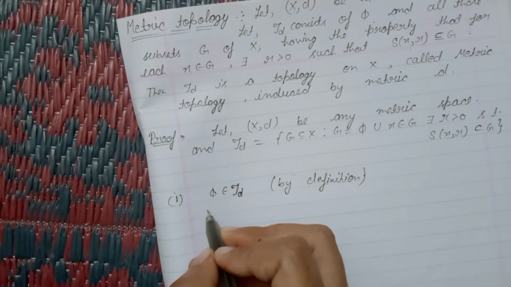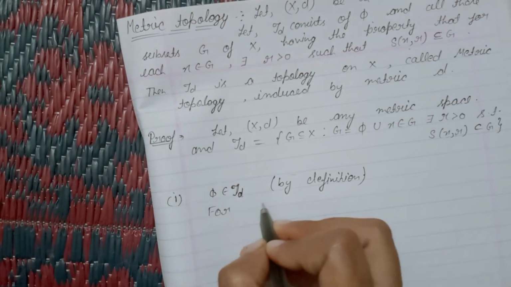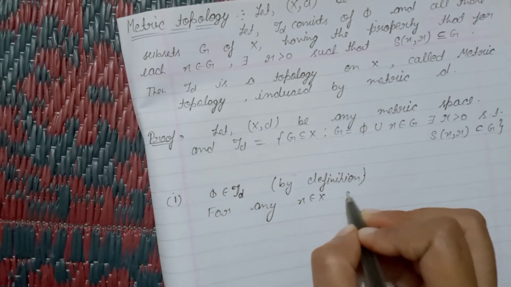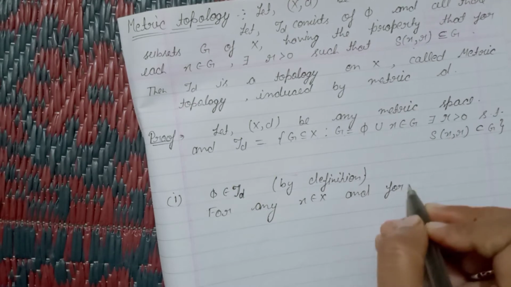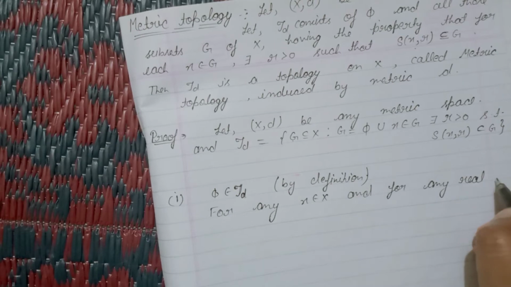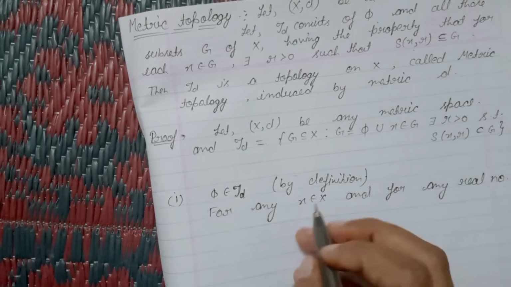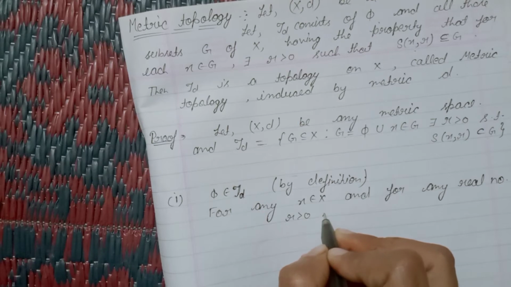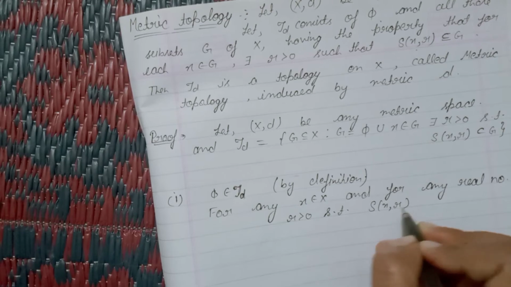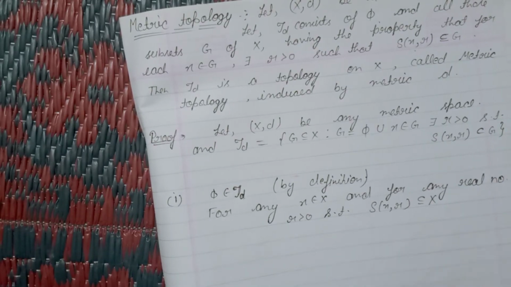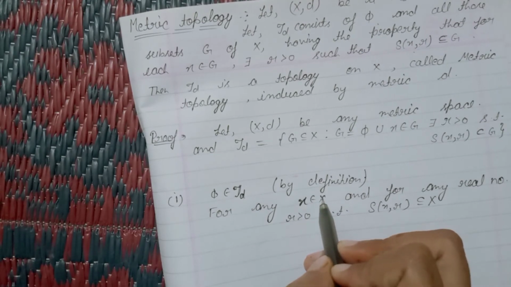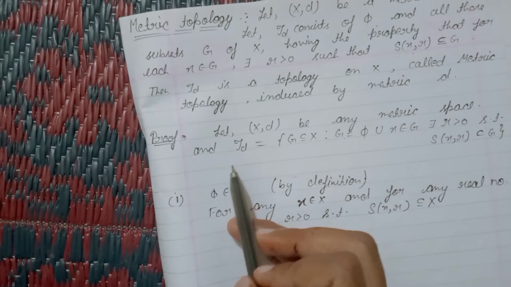So for any x belongs to X and for any real number r greater than 0 such that S(x, r) is contained in X, right? Students, X is the universal set. We take Td, what is Td?